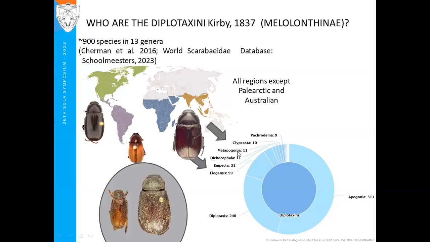There are also 2 genera from Madagascar that have been excluded from Diplotaxini in the phylogeny of this tribe, because they came up more closely related to the Melolonthines, those being Empecta and Clypeasta.